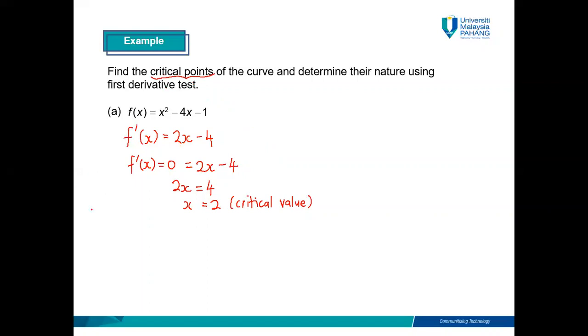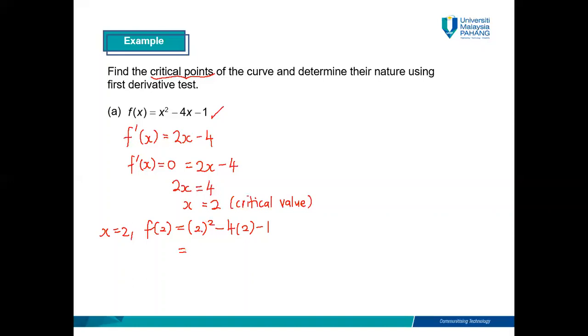To find the critical point, you have to substitute the critical value into the original function. So when x is equal to 2, f(2) equal to 2 squared minus 4 times 2 minus 1.